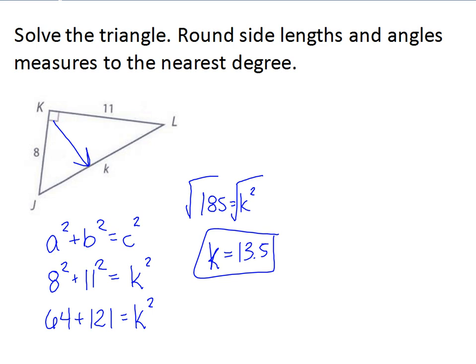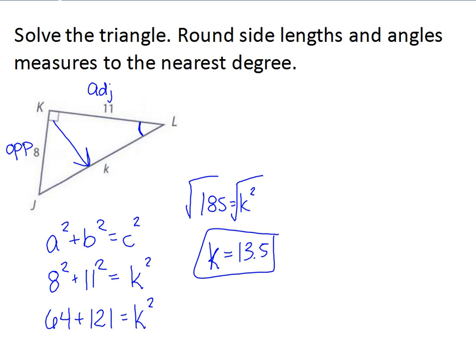Now we need to find an angle. You can find angle J first or angle L first, it doesn't matter which one you pick. We already have K. If we look for angle L first, the 8 is across from it, so that's the opposite. The 11 is between the angle and the 90, so that's our adjacent.